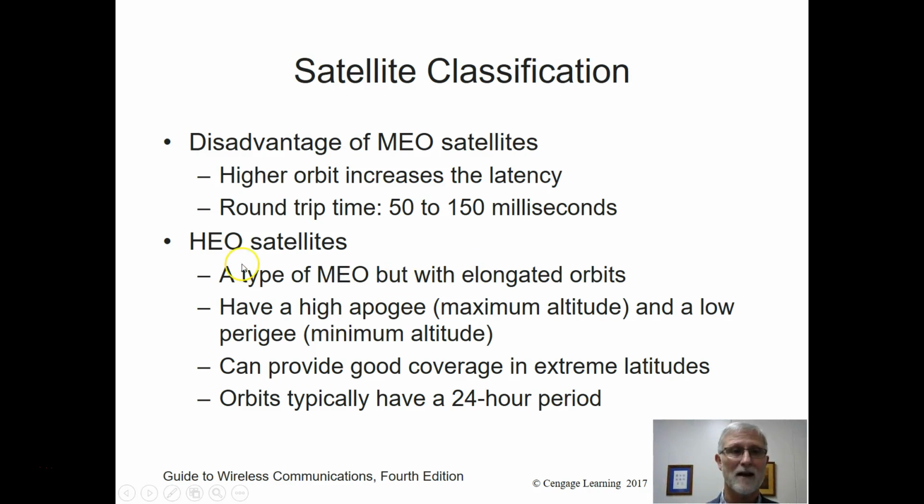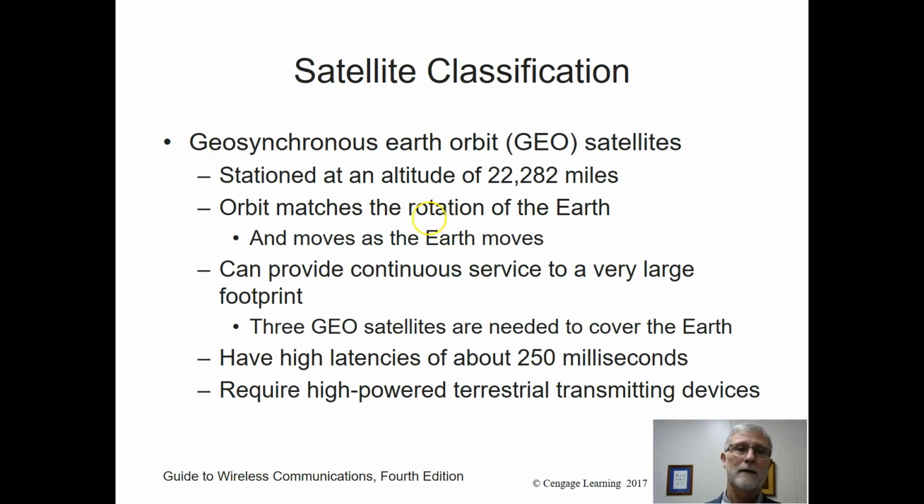Now you've got high Earth. This is where I can get good coverage. Typically it orbits in about 24 hours. The geosynchronous is stationed about 22,000 miles over the Earth. It matches the rotation of the Earth, so it almost looks like it's stationary, and it provides a large service footprint.